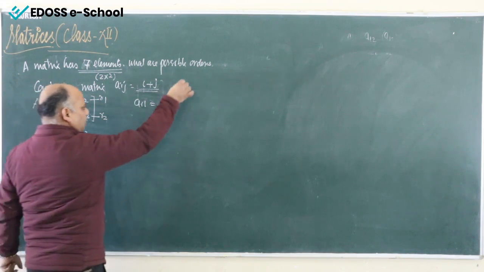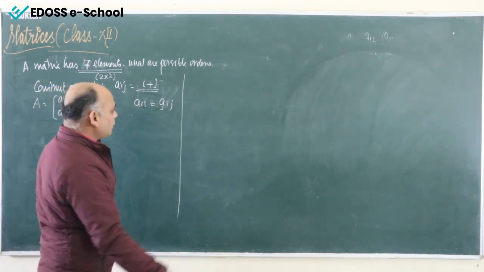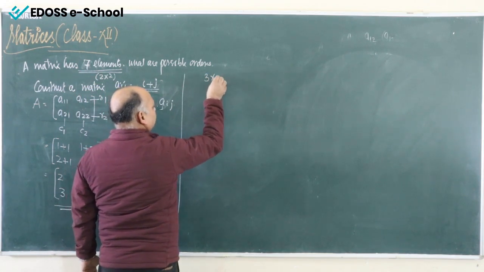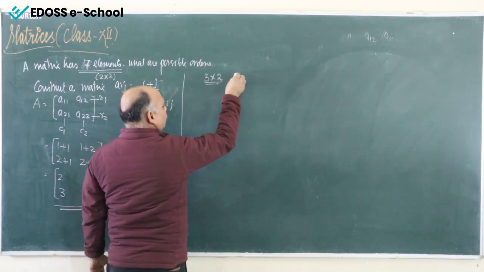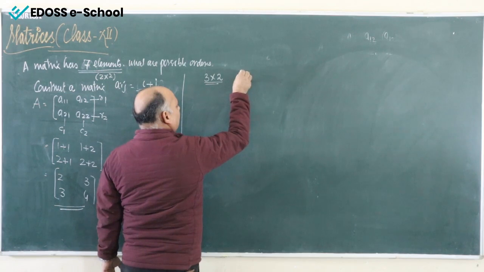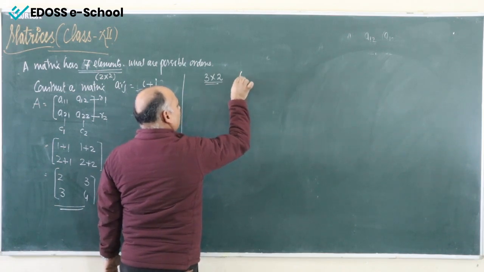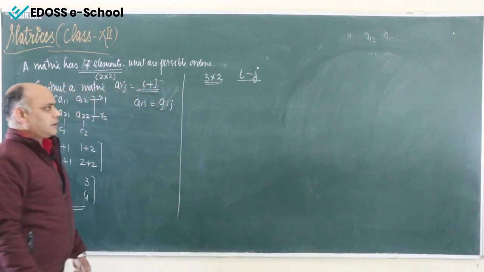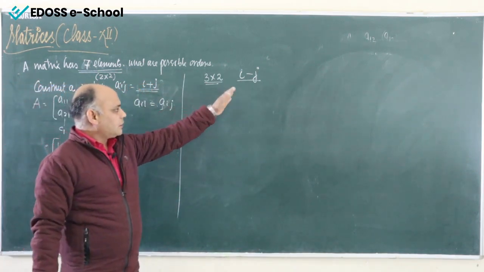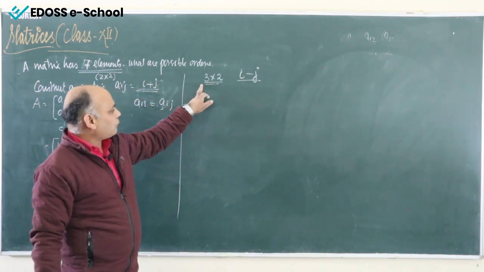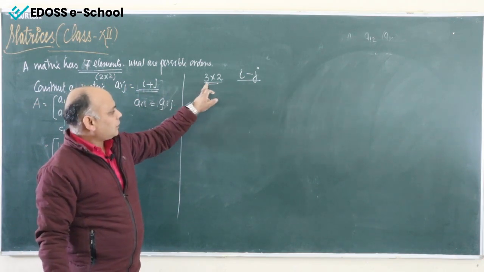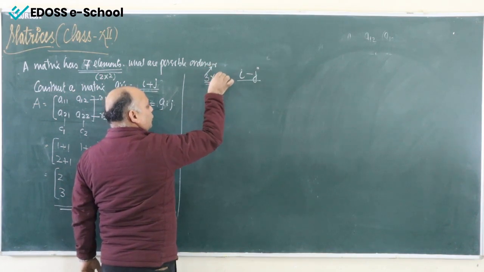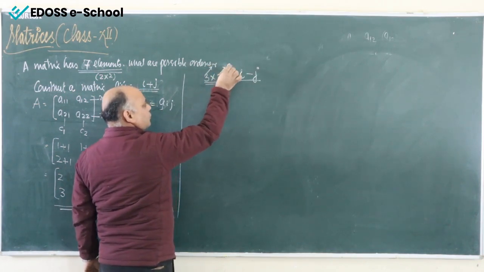Suppose I am taking a second question here. Suppose you have to construct a matrix of order 3 cross 2 whose elements are given by i minus j. i minus j means you have to subtract j from i, and the order is 3 cross 2. 3 cross 2 means the total number of rows will be equal to 3 and the total number of columns is equal to 2.